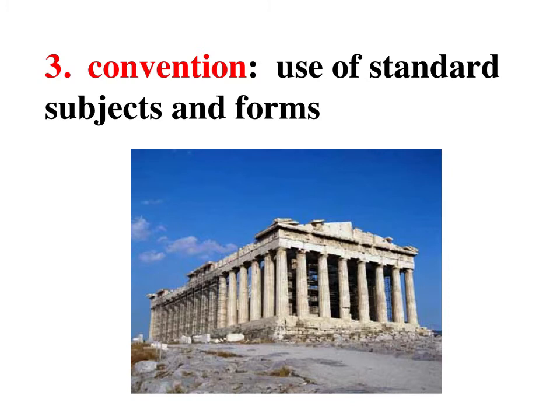In other words, it's a temple surrounded by a single row of columns. That's called peripteral, and that is the standard form for an Athenian temple. You can see the Doric columns, again, a standard convention.